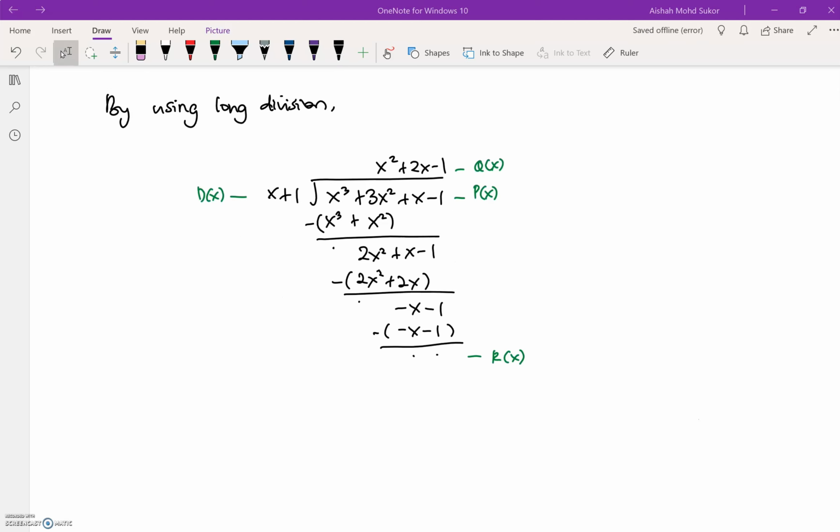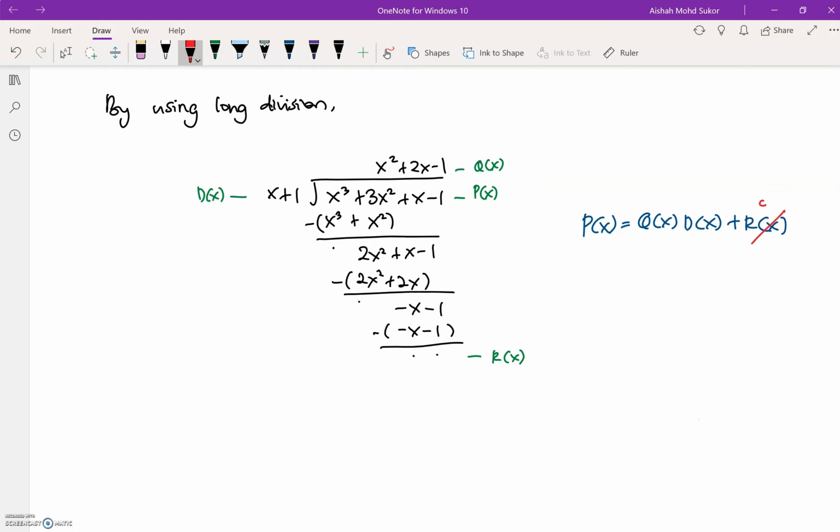By using long division, we can divide the polynomial by x plus 1. Make sure you end up with no remainder. Recall that p(x) is equal to q(x) d(x) plus r(x).